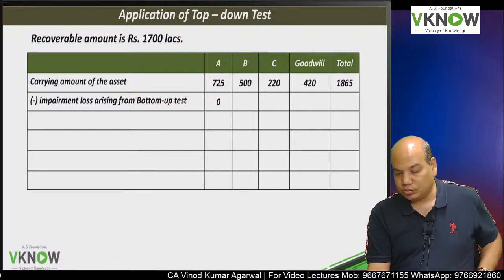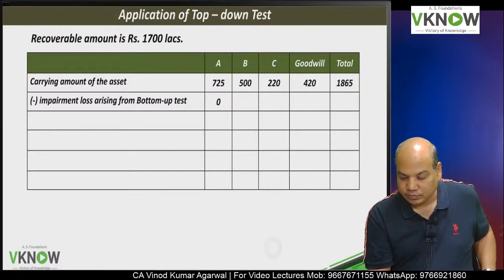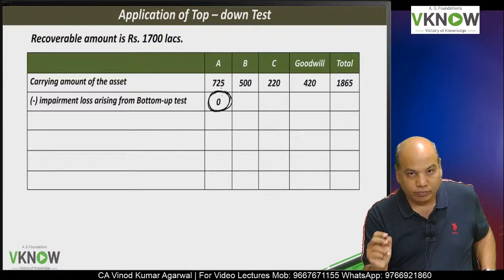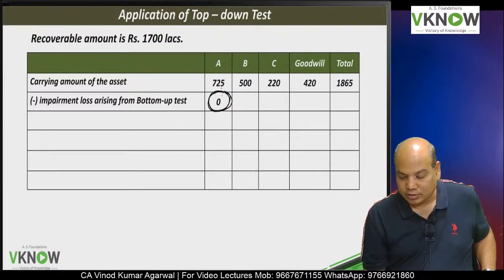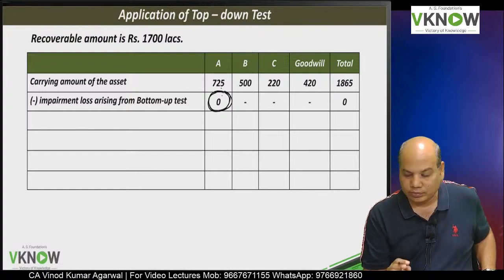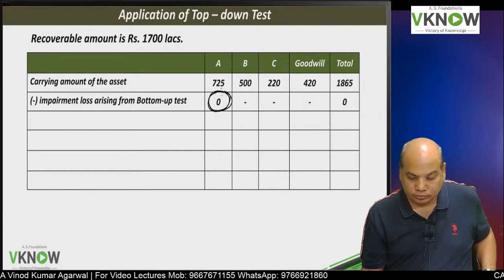The answer is no. There can be impairment loss in the bottom up test. If there is, you are going to first deduct it here, but fortunately there was no impairment loss for unit A. For the other 3 we have not tested till now.